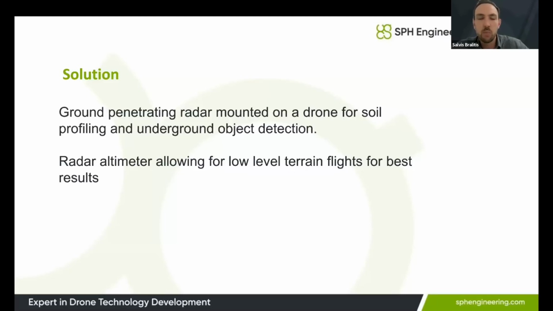There could be bushes in the way, so this radar altimeter would help you to maintain level altitude flight. And simply the OEM's built-in barometric pressure sensor is not precise enough to safely conduct these flights. So that was something that we had to develop ourselves to be able to conduct those flights safely.